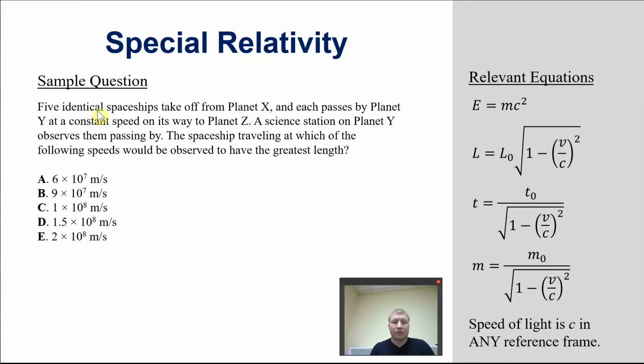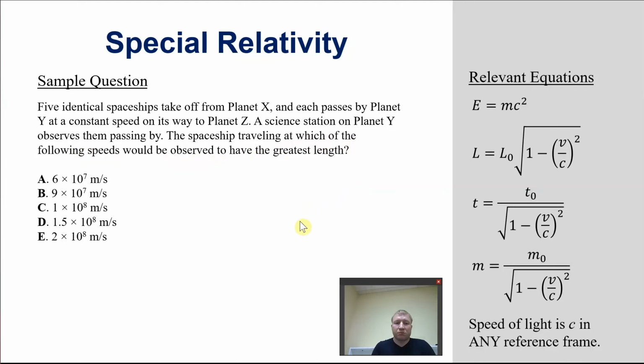Okay, so let's look at this question here. It says 5 identical spaceships take off from planet X. Each passes by planet Y at a constant speed on its way to planet Z. A science station on planet Y observes them passing by. The spaceship traveling at which of the following speeds would be observed to have the greatest length?